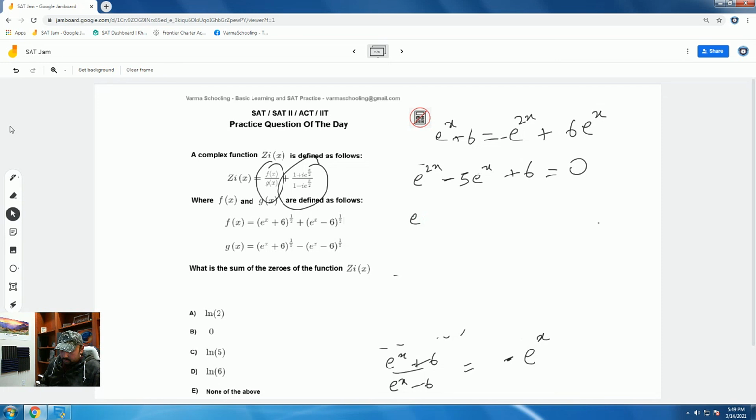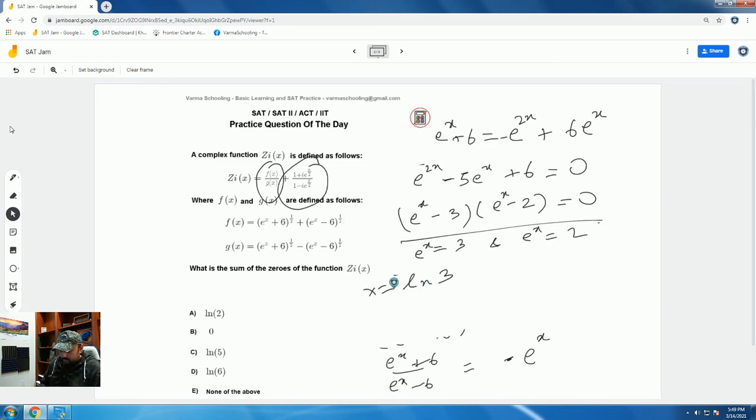So e to the power x minus 3, e to the power x minus 2 equals 0. So by factor theorem, we know that e to the power x equals 3 and e to the power x equals 2. So the values are x equals log natural of 3, and x equals log natural of 2.